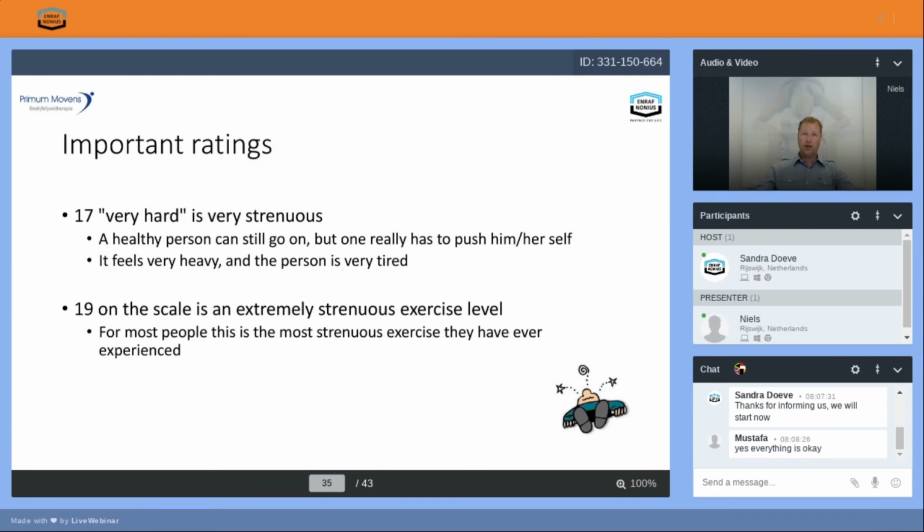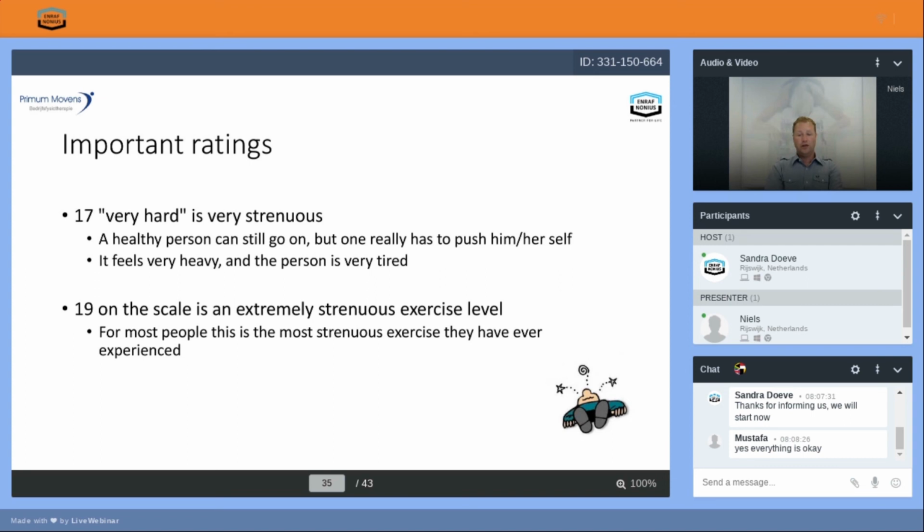17, very hard, is very strenuous. A healthy person can still go on, but one really has to push him or herself to get the action going on. It feels very heavy and the person is very tired. When you reach 19 on the scale, it's an enormous strenuous exercise level. For most people, it's at the level that they have never experienced before.